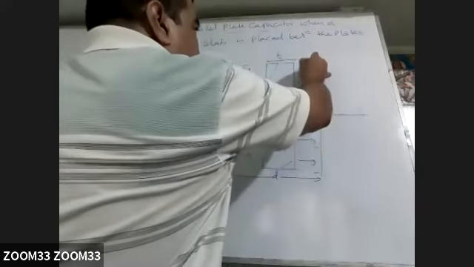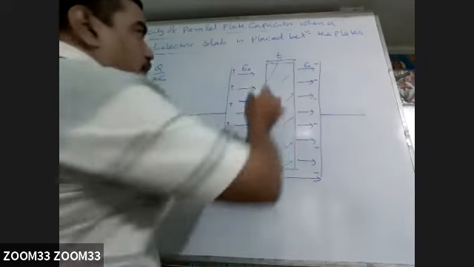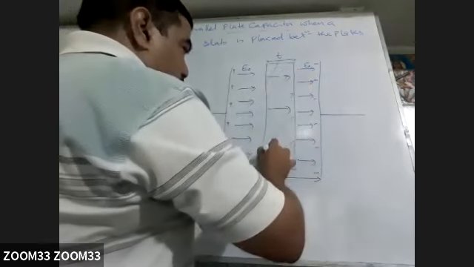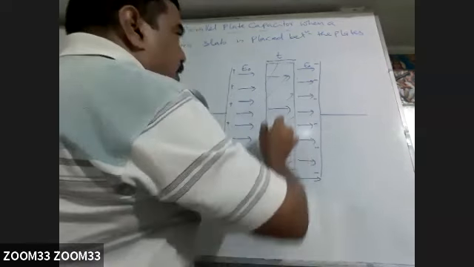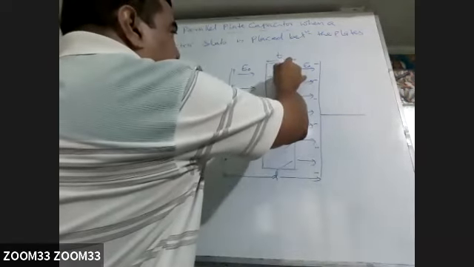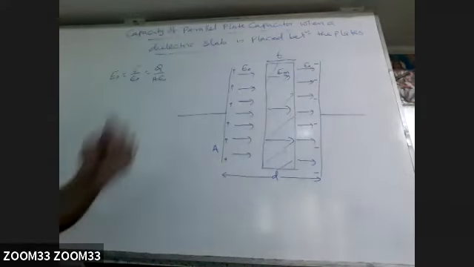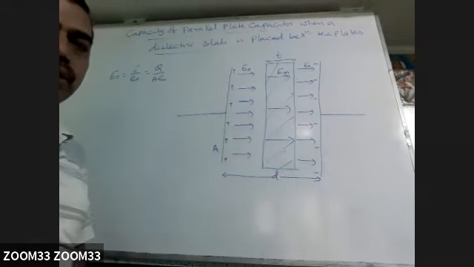So here also E naught, but inside the slab, the electric field will be less than this one. Suppose the electric field inside the slab is EM. E naught is much more than the electric field induced here.